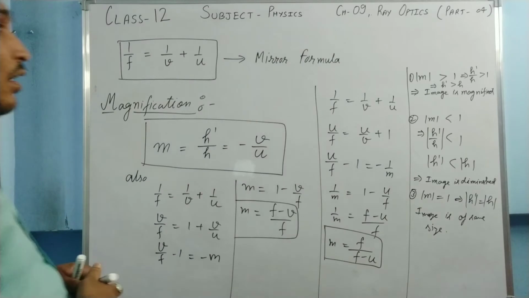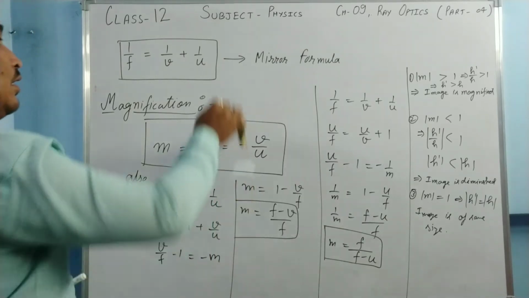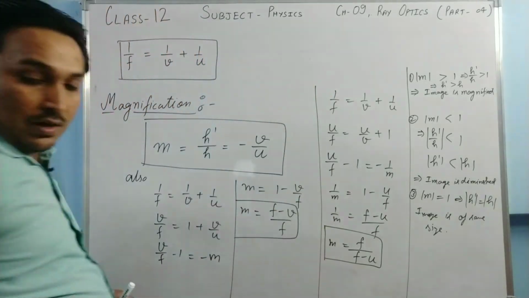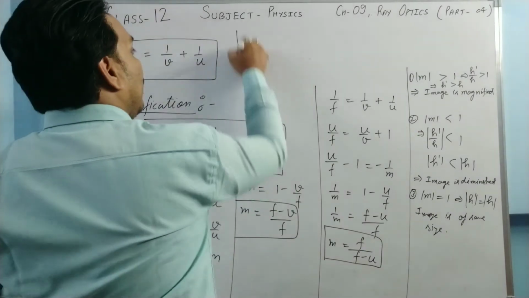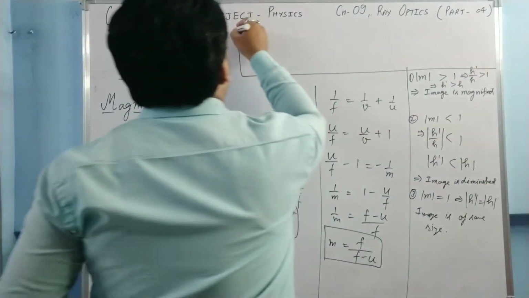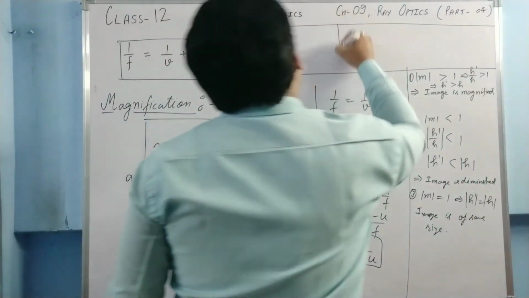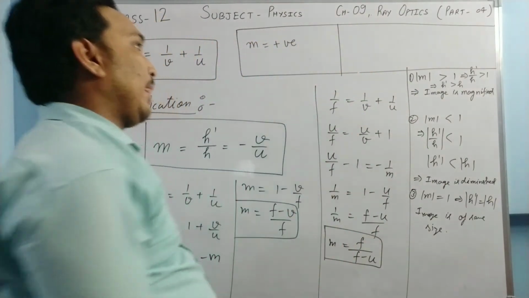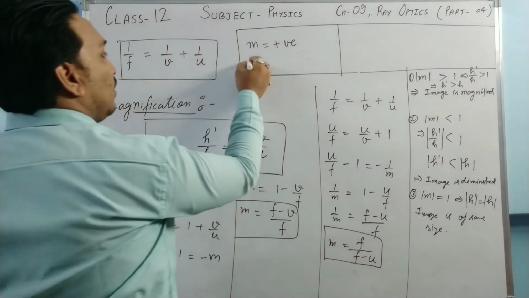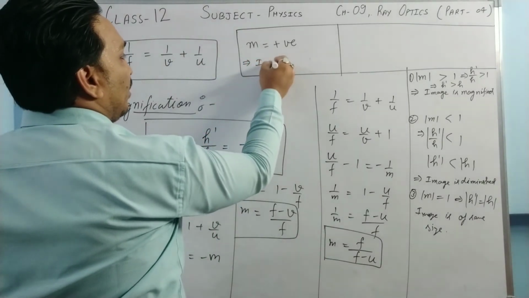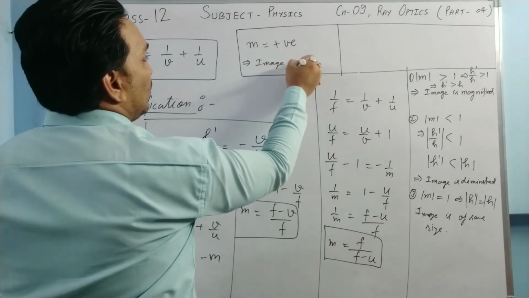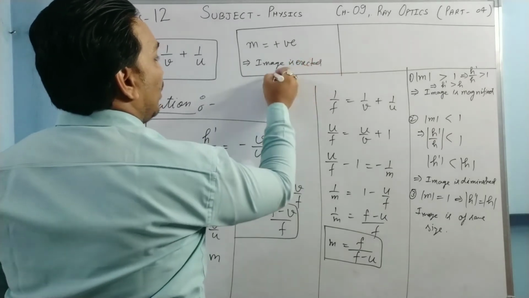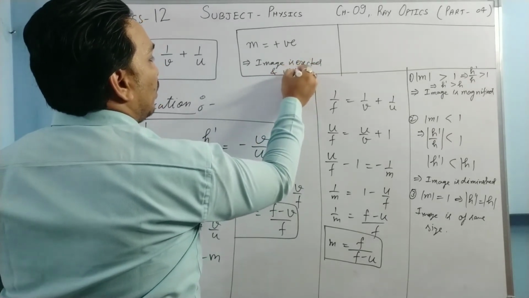Also, there are more possibilities, like if m is positive, it simply indicates that image is erected. Image is erected and virtual.